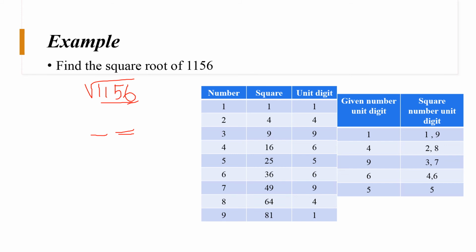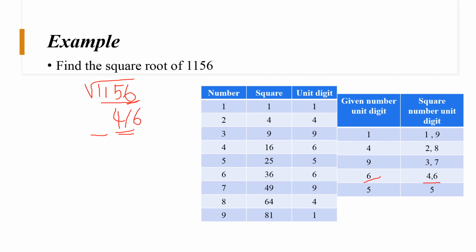The unit digit of the given number is 6. From the table, we see that if the given number's unit digit is 6, the square root's unit digit is either 4 or 6. So we are placing 4 or 6 here.